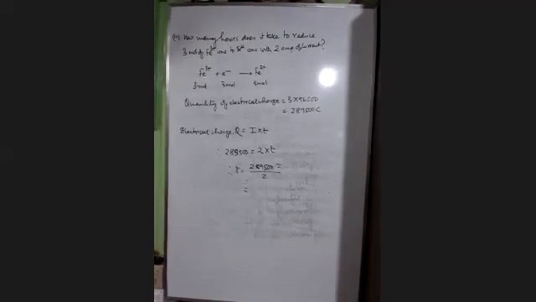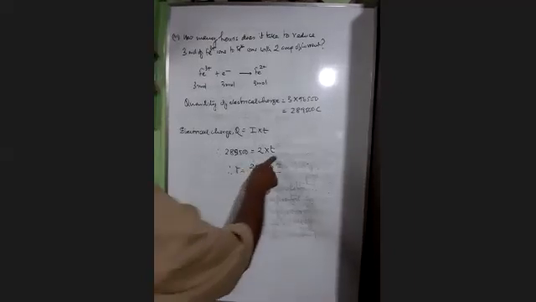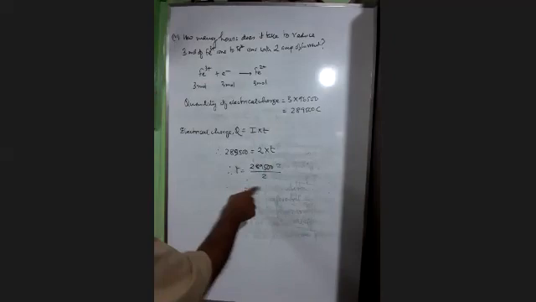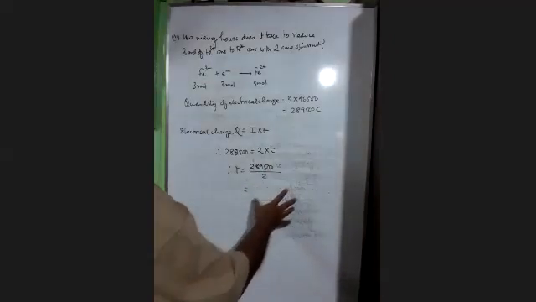T is in seconds, whatever value you have found. As it is a very large quantity, convert into hours. So 40.2 hours. Very good.